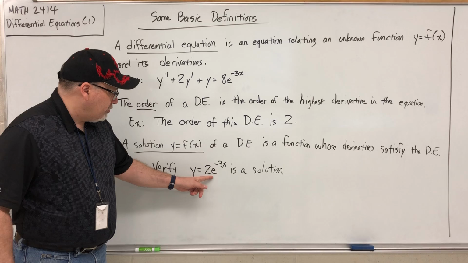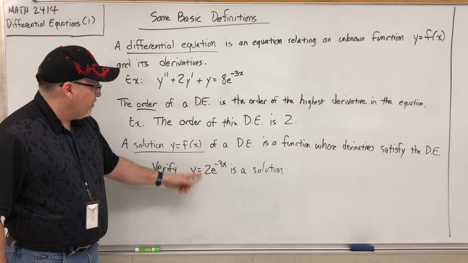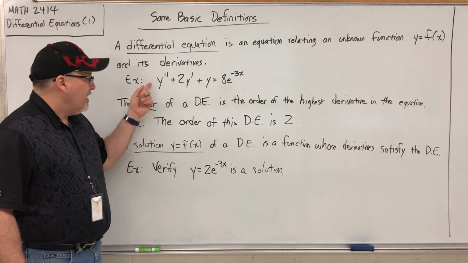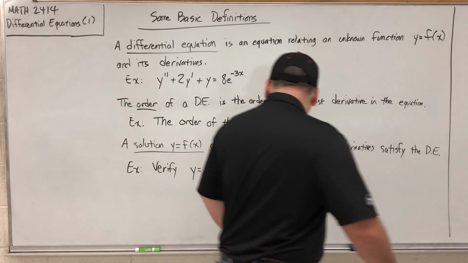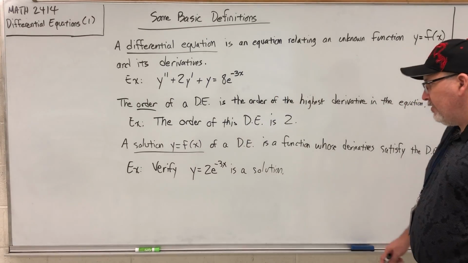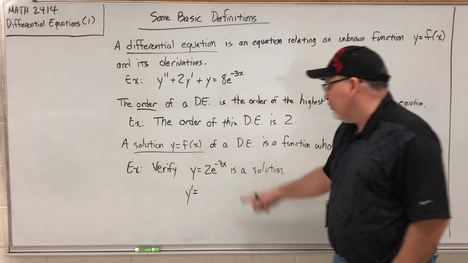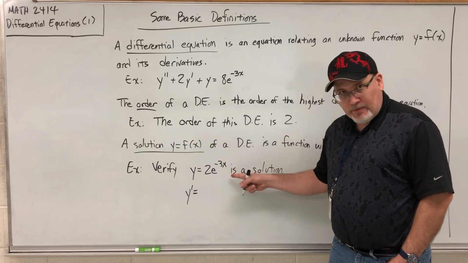Well, we would substitute 2e to the negative 3x for y, calculate its derivative and substitute it for y prime, and calculate the second derivative and substitute it for y double prime. So to do this, let's find our derivatives. The E rule says leave it alone. The chain rule says times the derivative of the exponent.